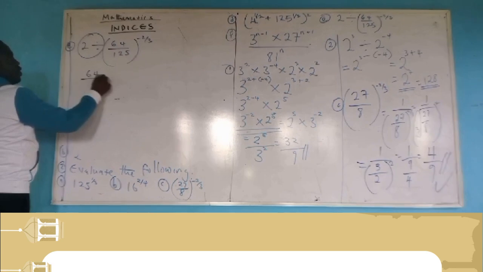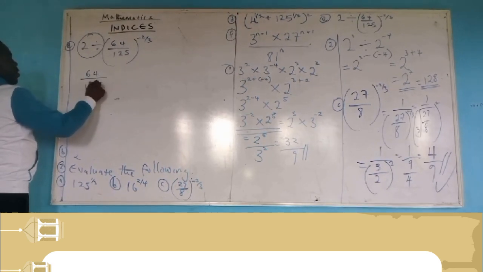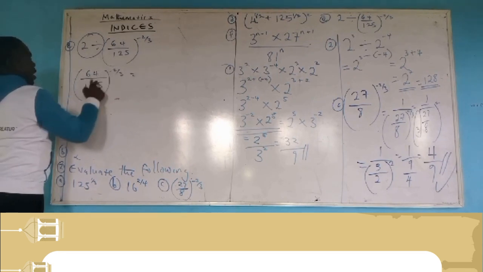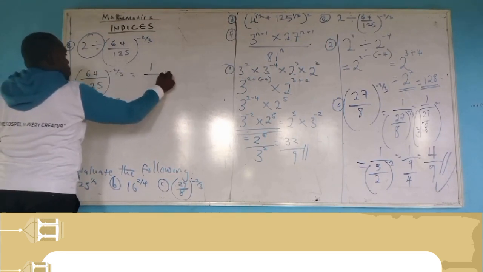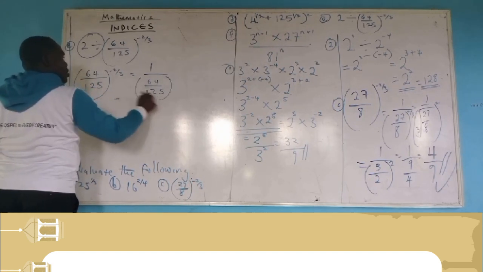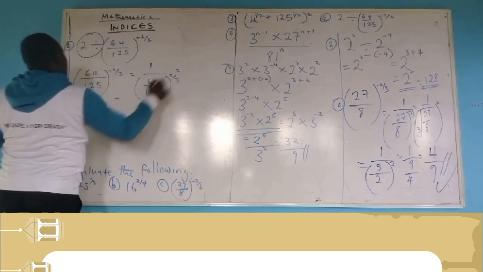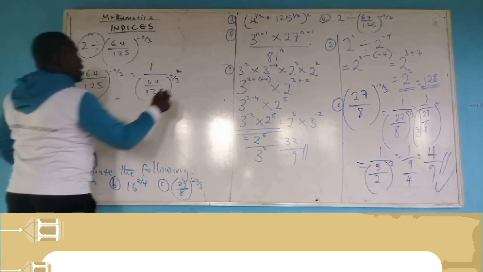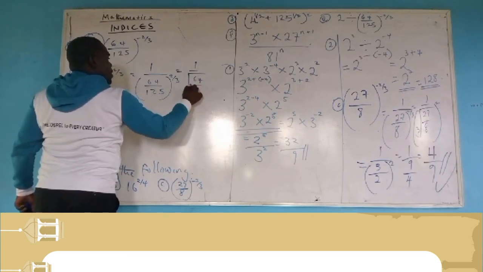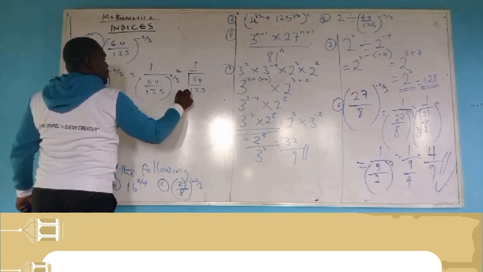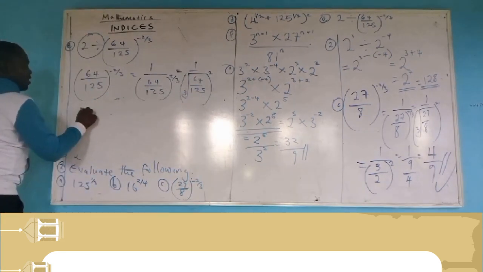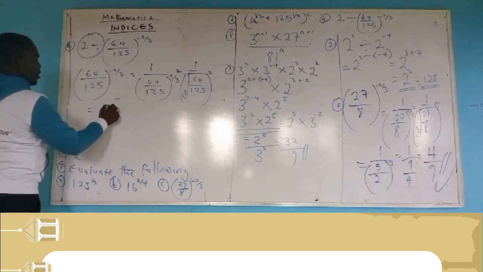So we have 2, we have 64, and then 1 over 64. I guess you know why I did that now, for the minus. So we have this 64, 125, 3, and then we have 2 here. So this will give us what?